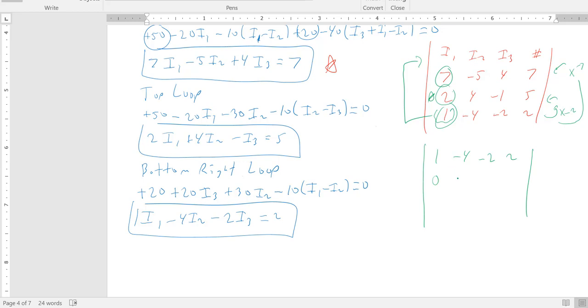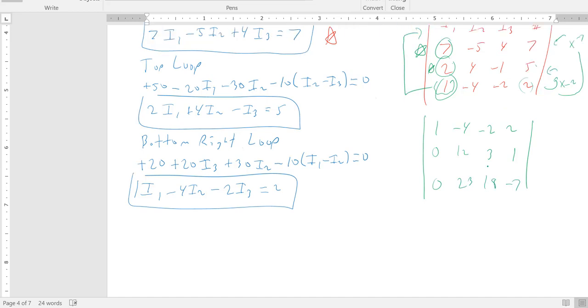The second term would be a 12. The third term would be a 3, and the last term would be a 1. So for instance, you take this 2 times -2, it's -4. -4 plus 5 is 1. If you do the same thing to the bottom equation, I'm going to move that to the bottom now. You get 0, you get 23, you get 18, and you get -7.